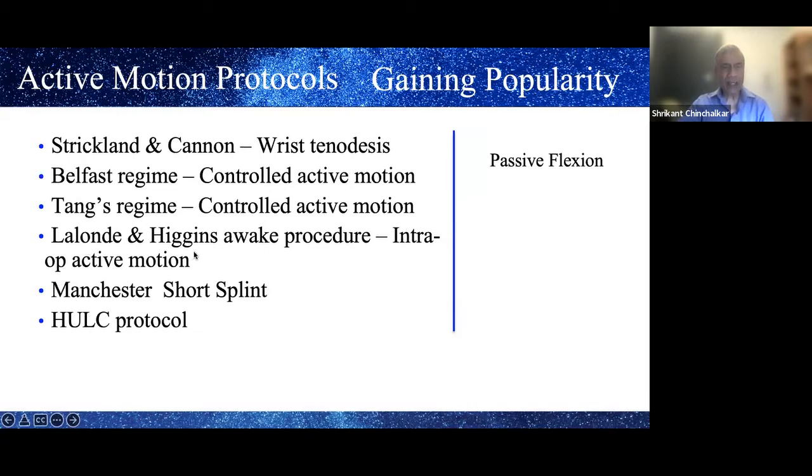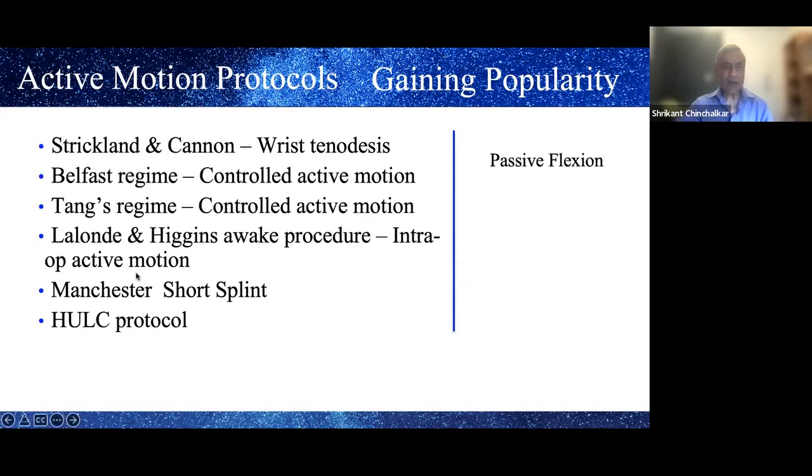And of course, that was further taken on by Dr. Don Lalonde and Higgins, his therapist, where they used the wide awake procedure looking at intraoperative active motion, which definitely has a better amount of gliding of the tendons, not only distally when extension is performed, but also when flexion is performed. That means the tendon is moving back and forth.